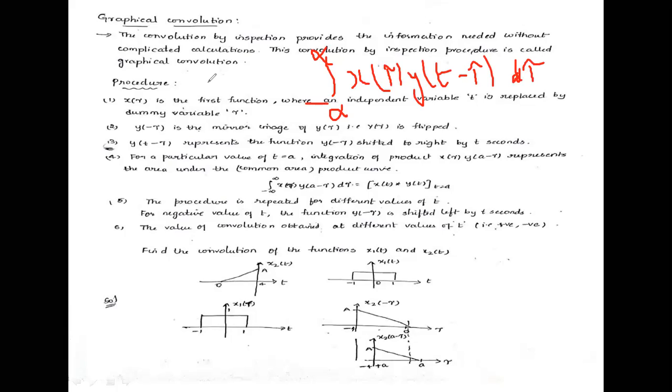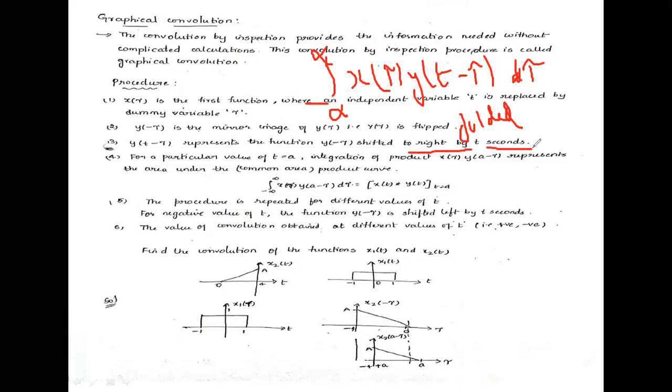Then y of minus tau is a mirror image of y of tau, flipped, which means a folded function.